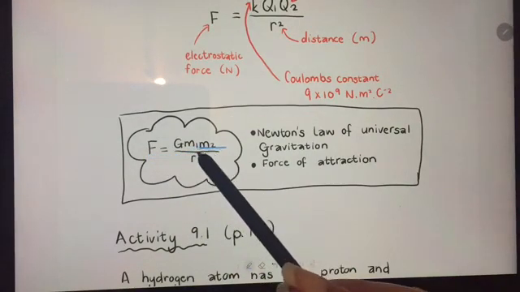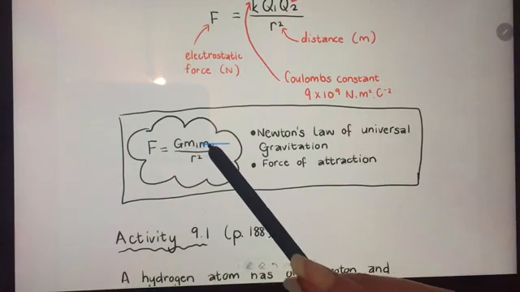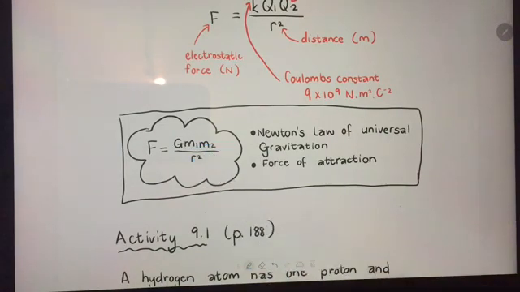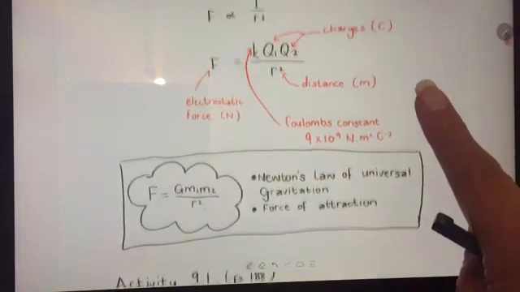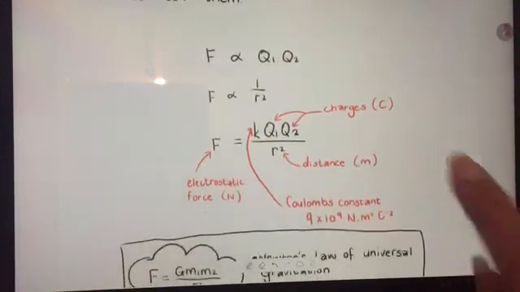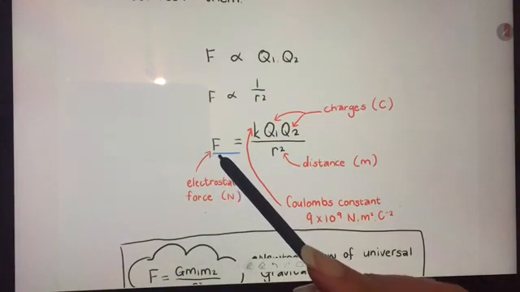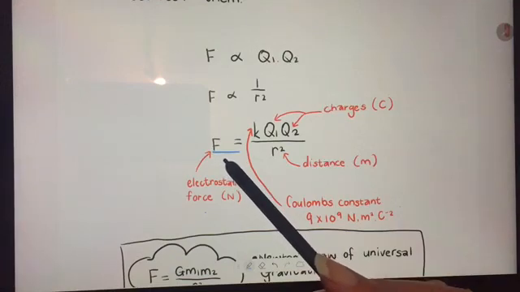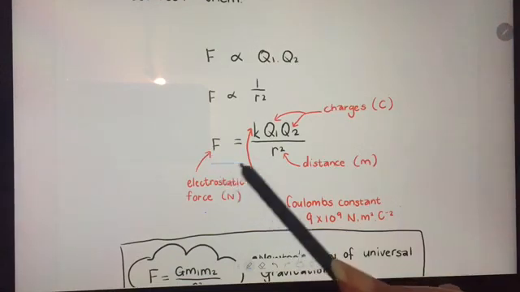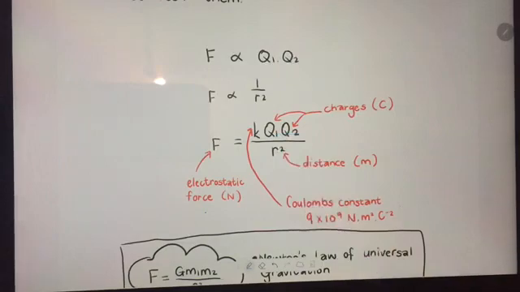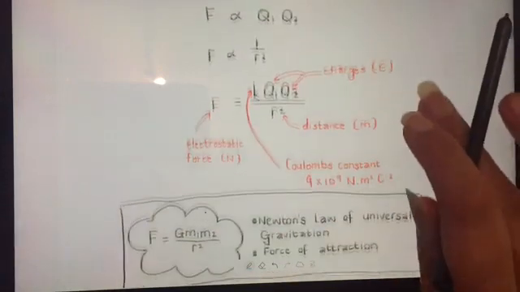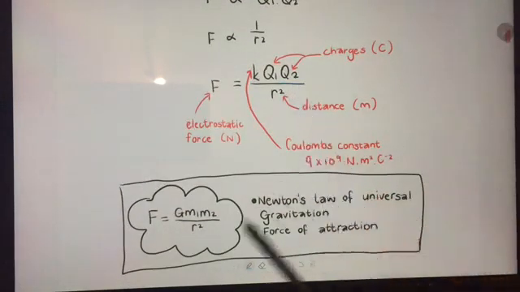And M1 and M2 will be the masses of the two objects, and R the distance between them. If we take a look at this formula over here, this electrostatic force can either be a force of attraction or repulsion, depending on the charges that the two objects carry. So, as I said, don't get Coulomb's law confused with Newton's law of universal gravitation.